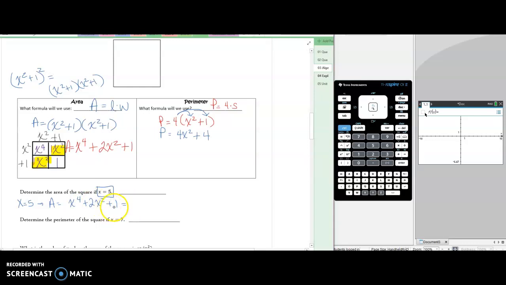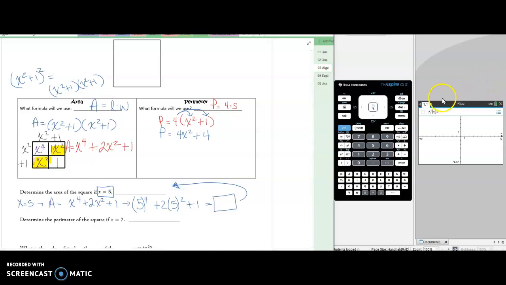All we have to do is plug that 5 in for the x. Do 5 to the 4th power, and then plus 2 times 5 squared plus 1. Okay, we're going to get something right here, and whatever we get is going to go right in here.